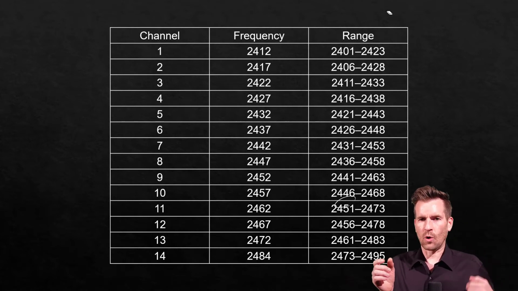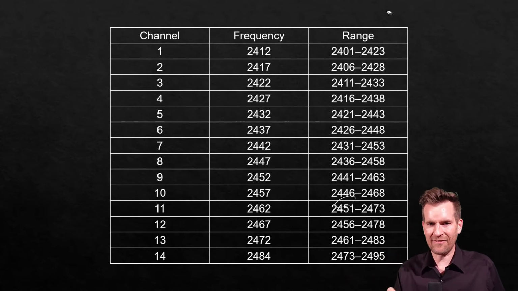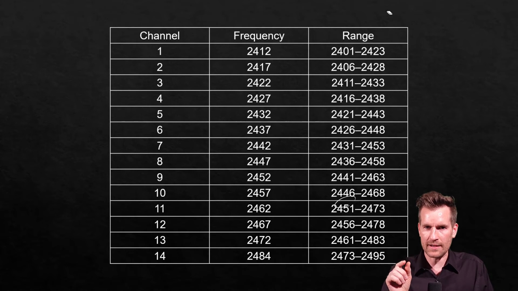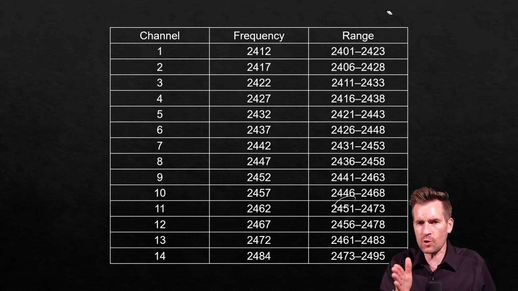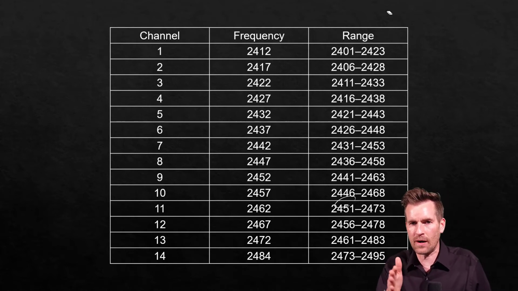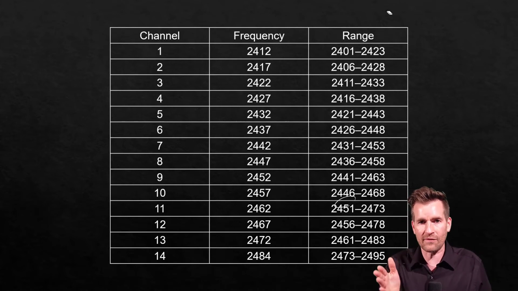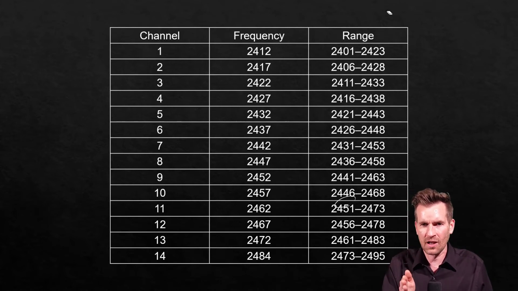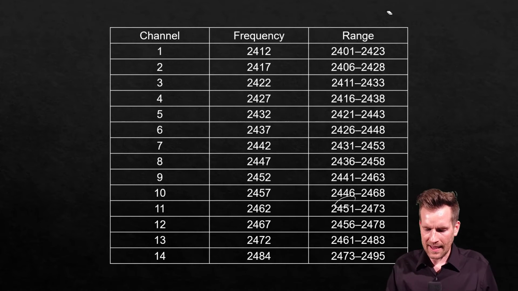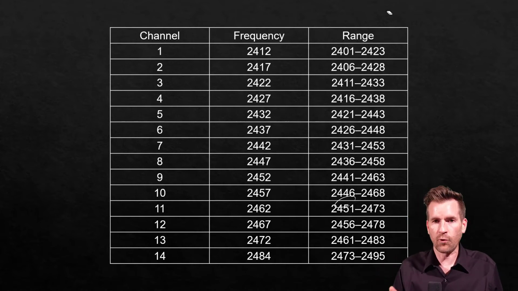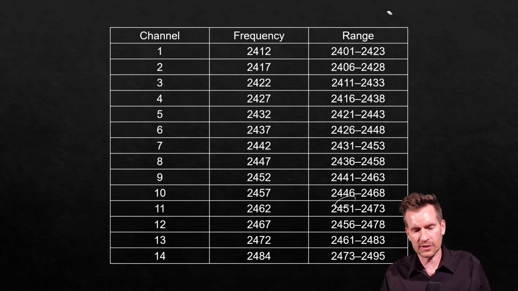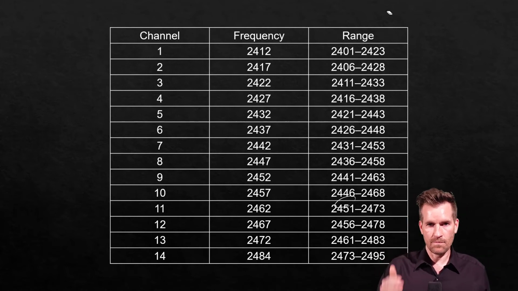All right. So when I'm talking about Wi-Fi, we're doing frequency modulation. We're adjusting the frequency just a little bit to represent a 0 or 1 or whatever data we're trying to represent. So channel 1 is operating at 2.412 gigahertz. That is a billion hertz.